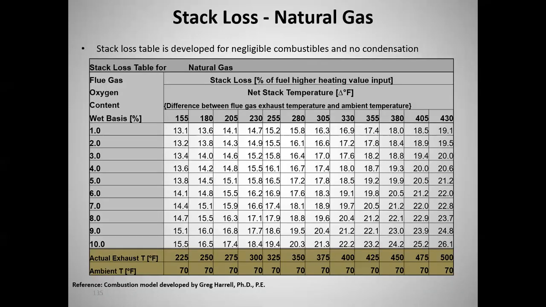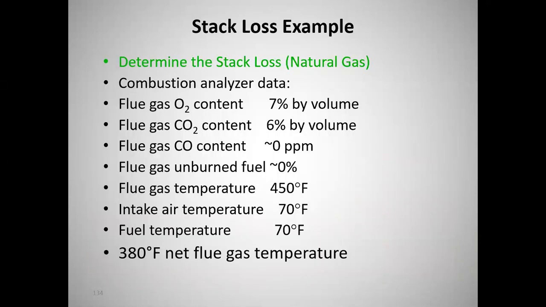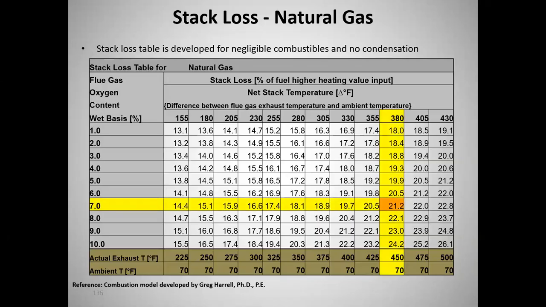So there's our stack table. What was that? Yeah, 380. Okay, so I go to the 380 column and I go across at 7%. Well, guys, that's not too hard. Just about anybody with a little sense could use a stack loss table.